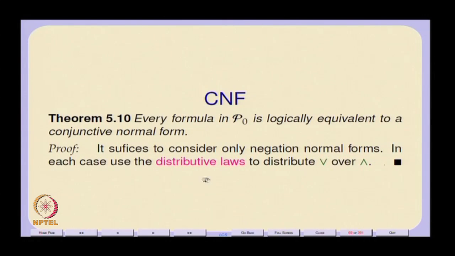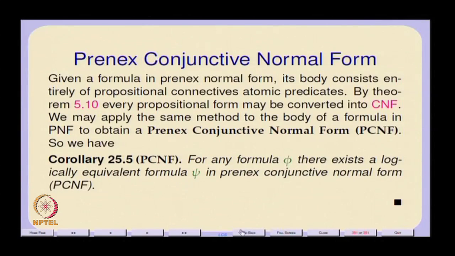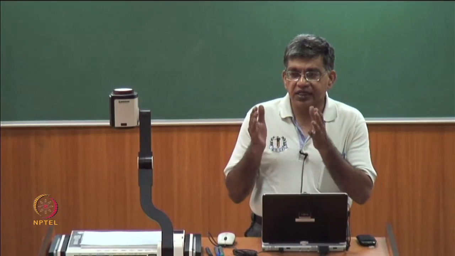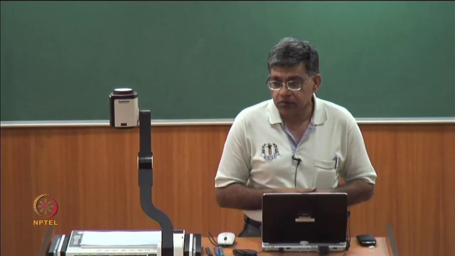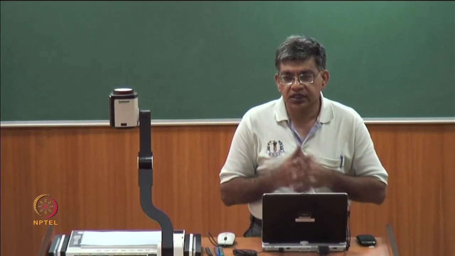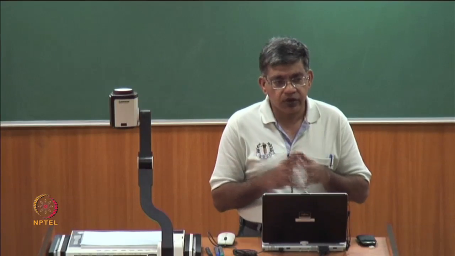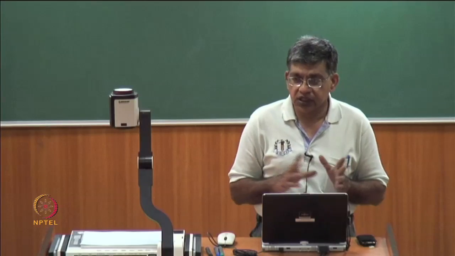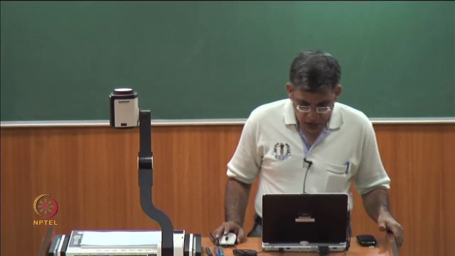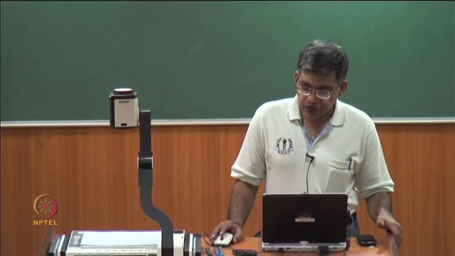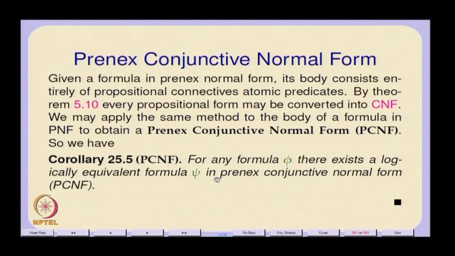Basically one just uses the distributive laws to distribute or over and, and one uses negation and so forth. So, since we have a Prenex normal form, we can take the body, which is just a propositional form, and use the conjunctive normal form algorithm to transform it into a Prenex conjunctive normal form. One obvious corollary is that for any formula phi, there exists a logically equivalent formula psi in Prenex conjunctive normal form.